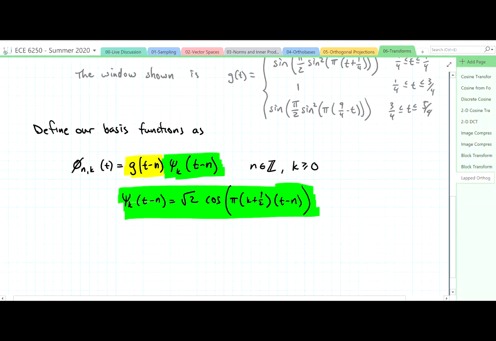So this is our transform. I'll bring up a plot of what this looks like for this particular g window function that we've chosen and the cosine 4 transform in just a moment.